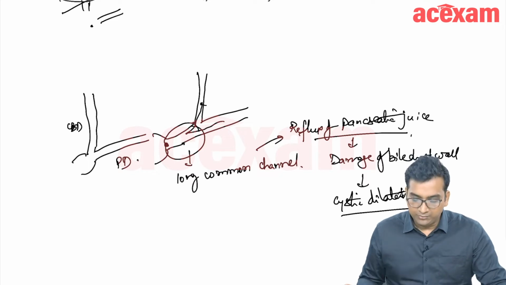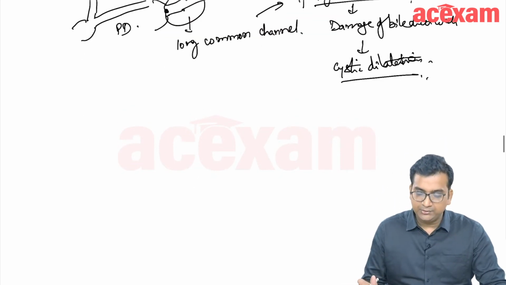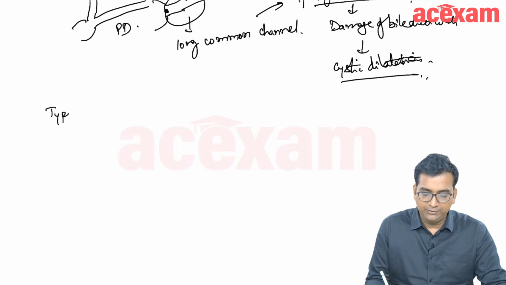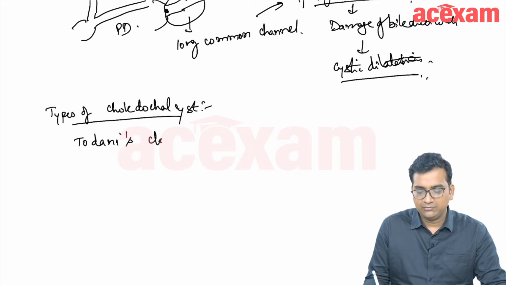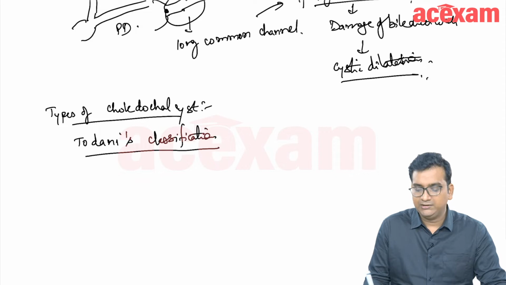Now there are various types of choledochal cyst. This classification is very important, and the name of the classification is Todani's classification. We can remember it as Todani's modification of Elansolage classification.